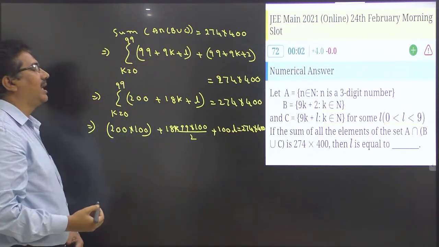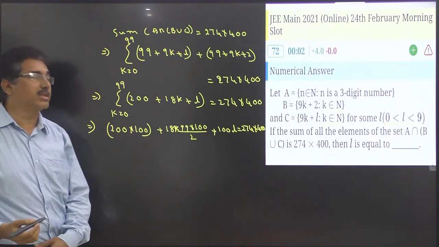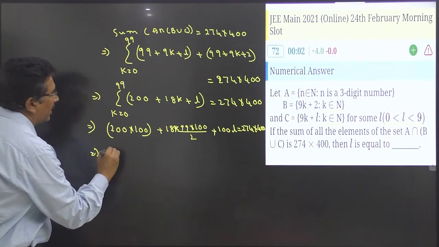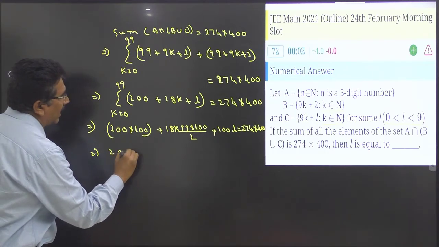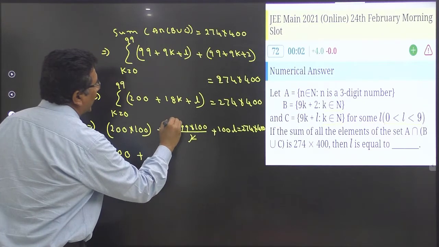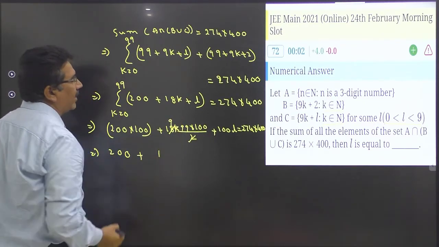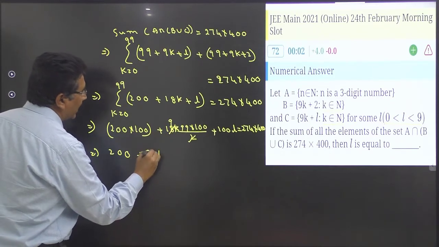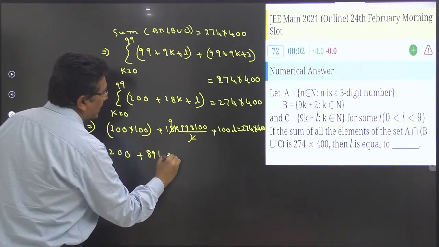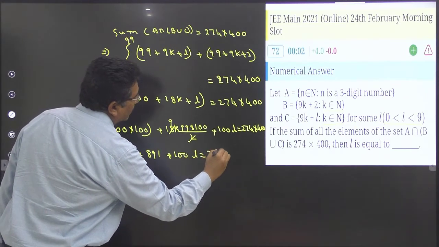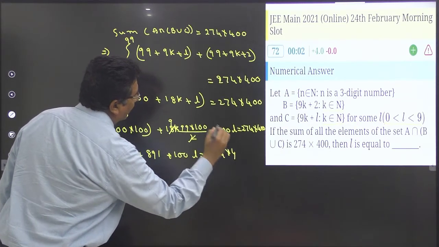Now cancel 100 on both sides. We get 200 plus, here 2 nines are 18, 9 nines are 81, plus 8, 891 plus 100 L, that is equal to 274 into 4.